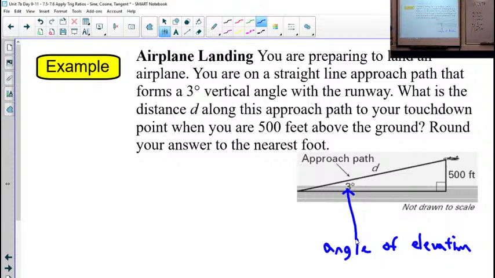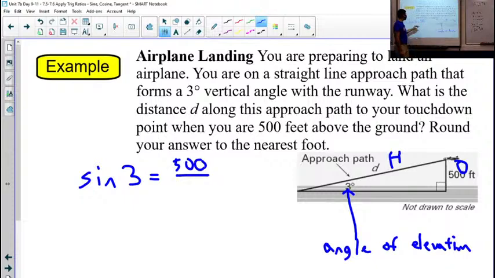Sine, cosine, or tangent. I know opposite. I want hypotenuse. That's the one that deals with opposite and hypotenuse. It's sine. Sine of my angle, which is just 3. It's a pretty small angle. Opposite is 500 over the hypotenuse, D. Multiply by what's on the bottom to get rid of the fraction.